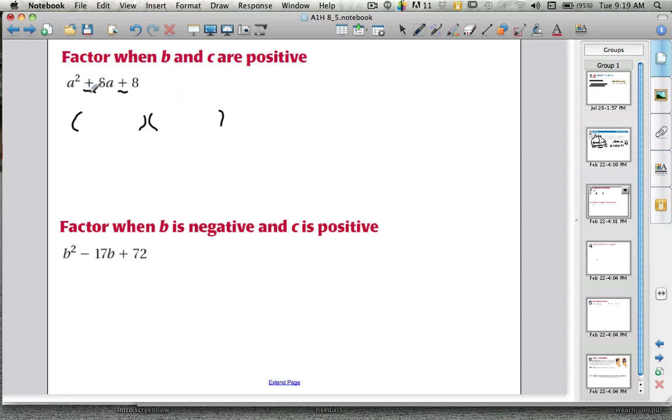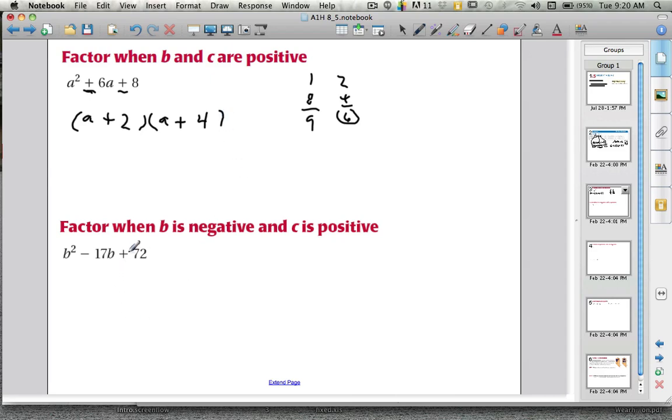And then this sign will tell me what they are, so I know that they're plus and plus. I know that a squared is made by multiplying a times a, and then I want factors of 8 that will add up to be 6. Well, my factors of 8 are 1 and 8, which adds up to be 9. I've got 2 and 4, and that adds up to be 6. That's what I wanted, so I put 2 and 4. And I'm factored.